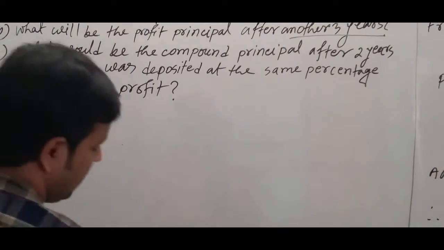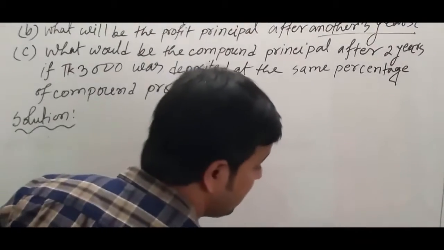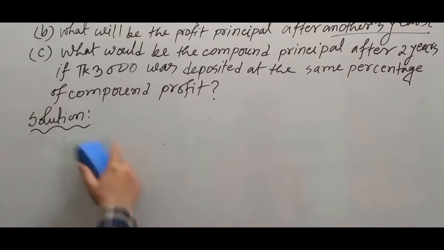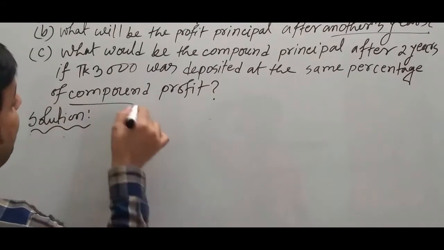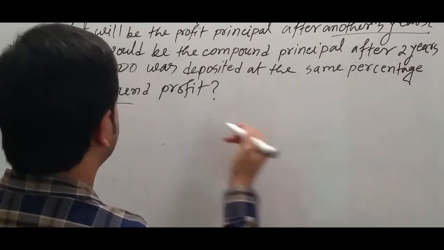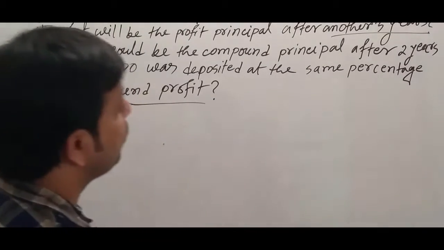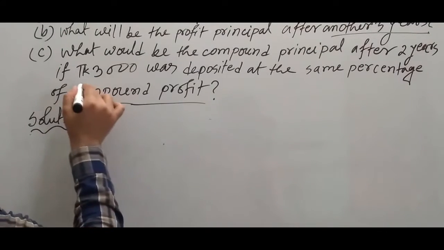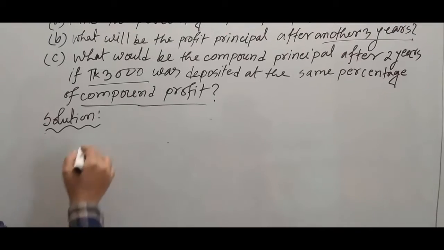The students, notice that in this question C, it is mentioned here compound profit, so we have to use the formula of compound profit. So we can write the given information here. Taka 3000 is our principal.